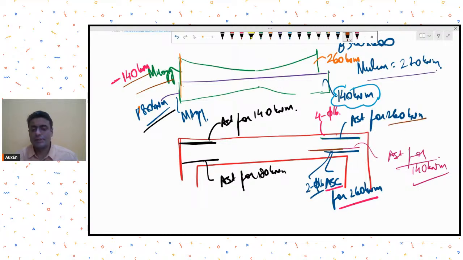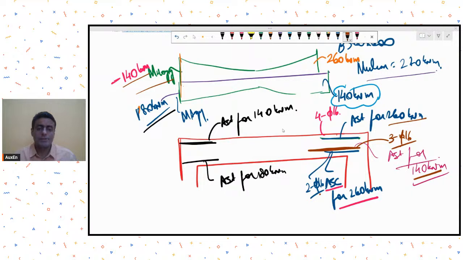Now for this 140 kilonewton meter sagging moment at the face, let us say I require 3 bars of 16. So should I add this 3 and 2 and provide 5 bars at the bottom, or should I provide the higher of these two? What do you think I should do? Hello.